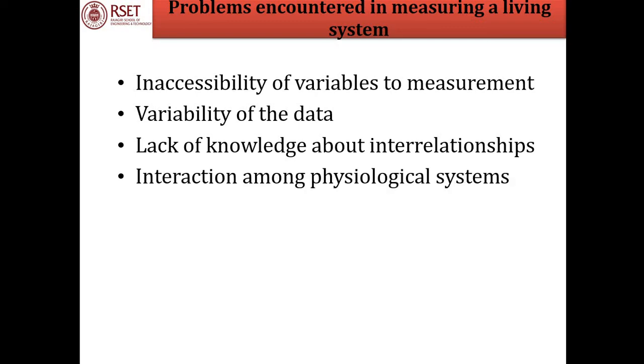Interaction among physiological systems is also another problem encountered while measuring a living system. There can be a severe degree of interaction within a given system and among the major systems. The result is that stimulation of one part of a given system generally affects all other parts of that system in some way or the other.